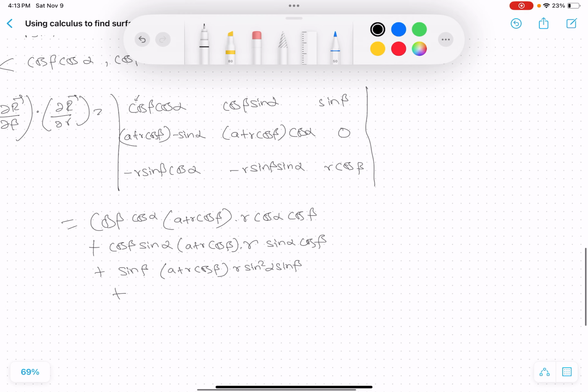So we have cos alpha a plus r cos beta, and then r sine beta cos alpha.